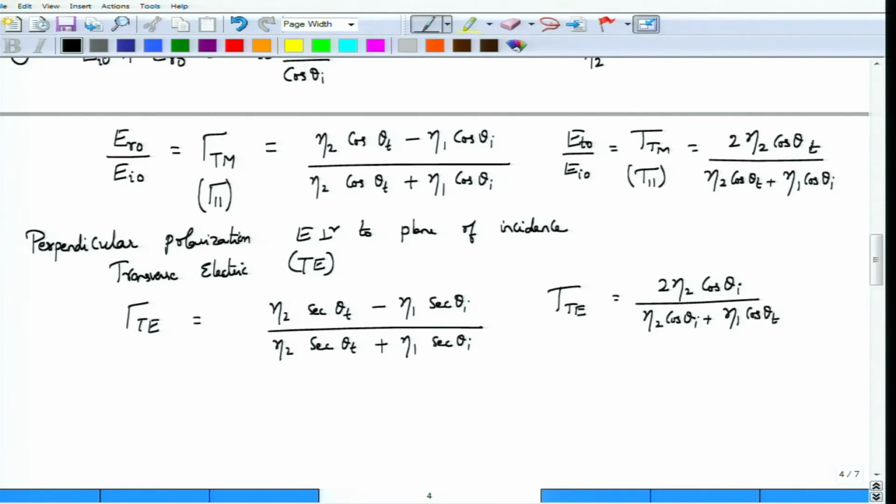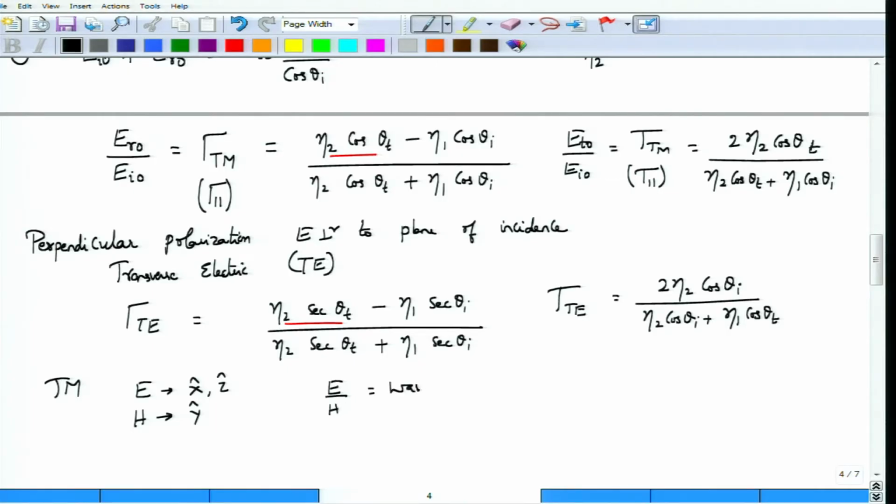So, you have these expressions for the reflection coefficient of the TE case. You can observe that for the TM case it is eta 2 cos theta t, okay, whereas for the TE case it is eta 2 secant theta t. The reason for these two is that for the case of TM, the electric field has both x as well as z components, whereas the magnetic field has only the y component, and the ratio of E to H must be the wave impedance, right.